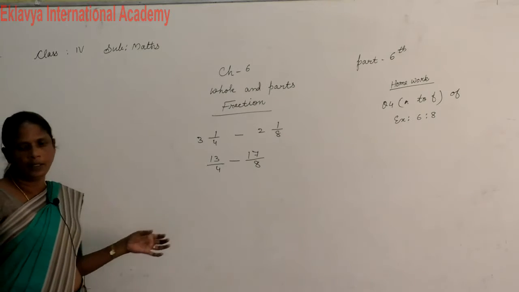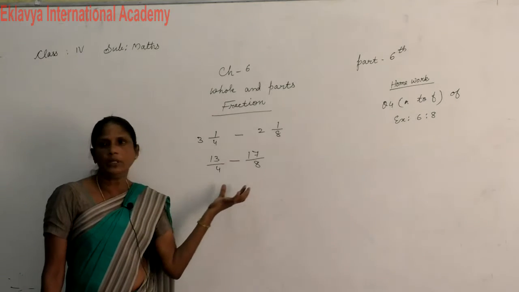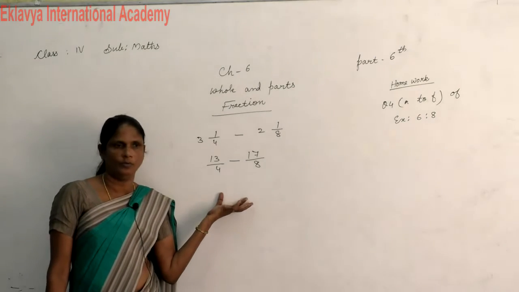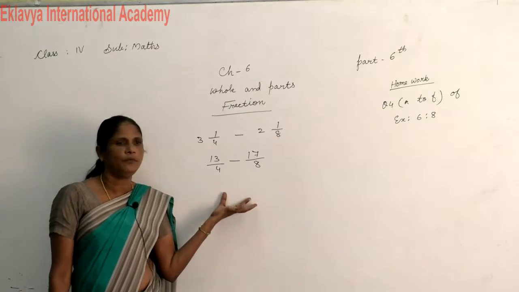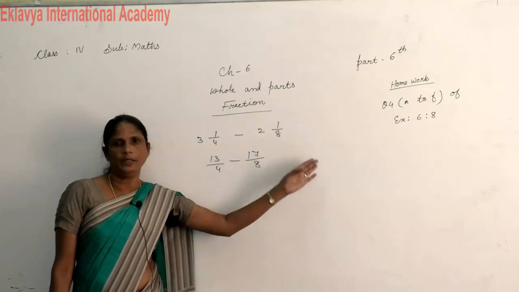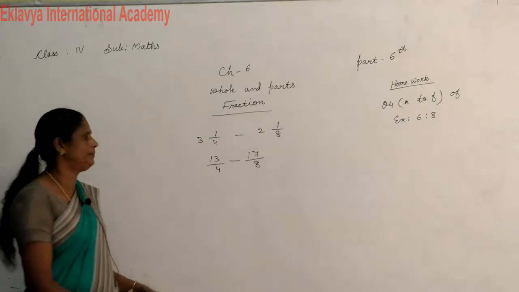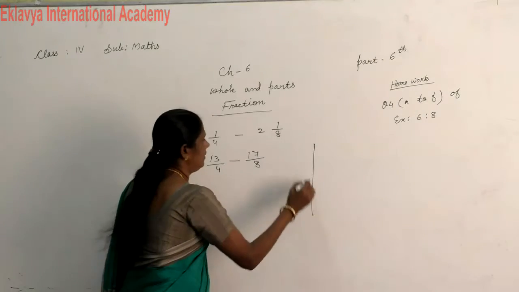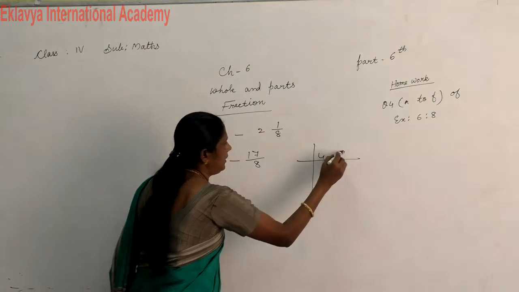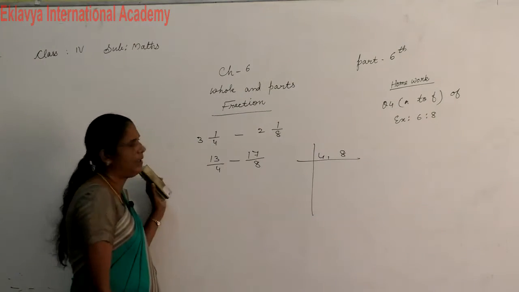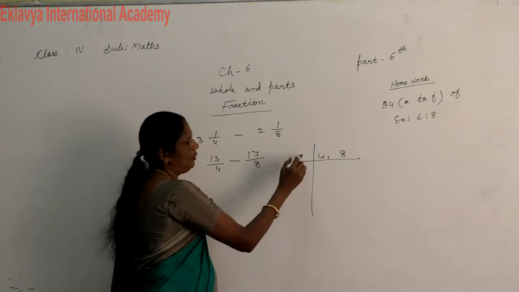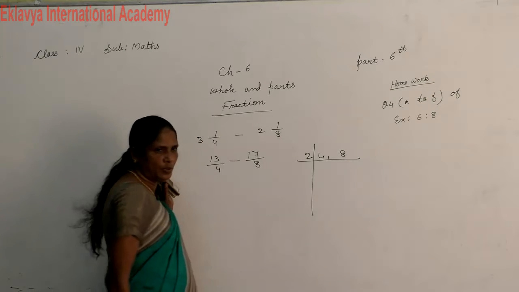Now look here. Here the denominators are same? No. First we find the LCM. Here 4 and 8. Okay. Then first prime number is 2.